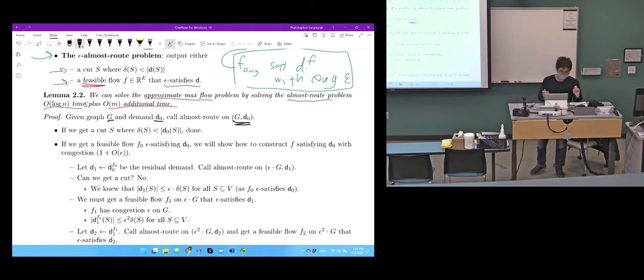So let's assume it returns some feasible flow, F0, that epsilon-satisfies D0. Now I want to construct a flow that satisfies D0 exactly, but with some small congestion. That's the goal.